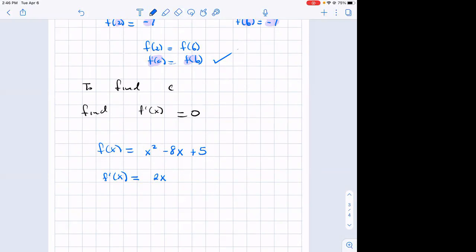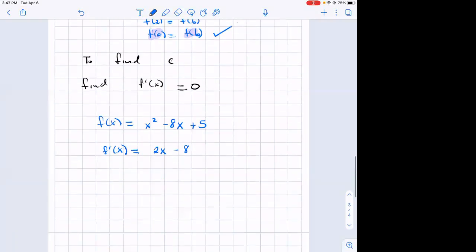So it's 2x minus 8, and 5 would be 0, right? Yes, the derivative of a constant is 0. So that's f prime of x. Now, let f prime of x equal 0 and solve for x.